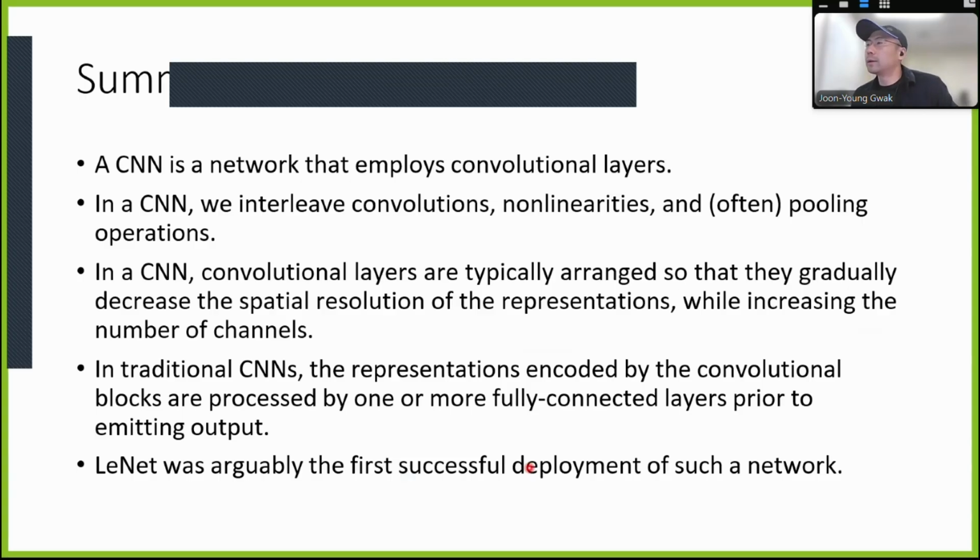Okay, and so the CNN is a network that employs convolutional layers, and which interleaves the convolutions and nonlinearities and poolings. So could anyone try to explain why the network having nonlinearity is important? And in this CNN, where are the nonlinearities being applied? Would anyone want to take a chance?